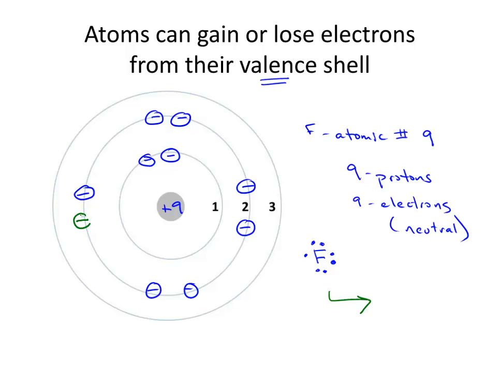I could represent it on the diagram at left like this, or I could represent it in the Lewis dot structure by again drawing the fluorine with the 7 electrons around it, and then drawing an 8th electron, which will actually fill out the energy level. Now, if it's picked up an extra electron, it's picked up a charge of -1, so I would also want to show it with a minus charge.